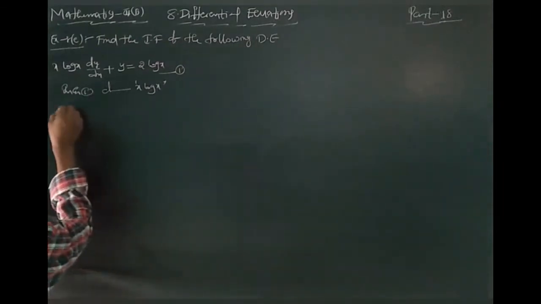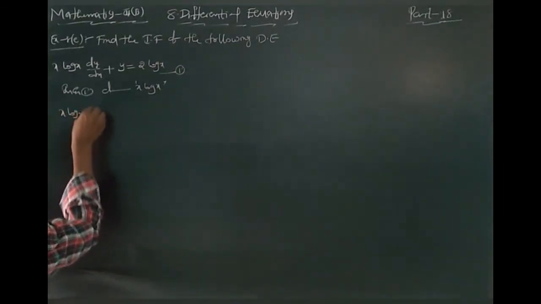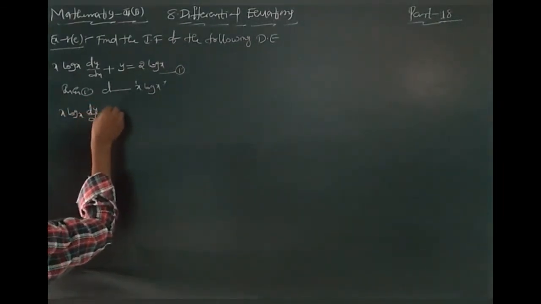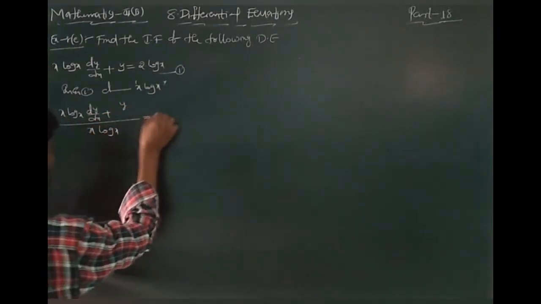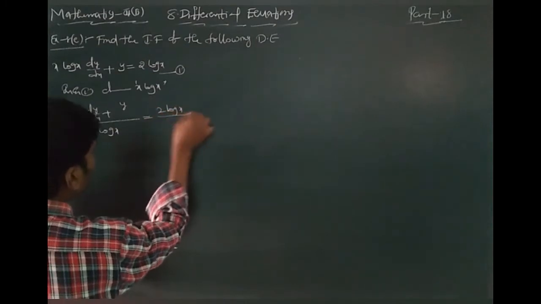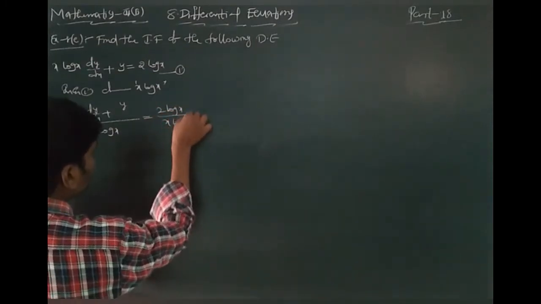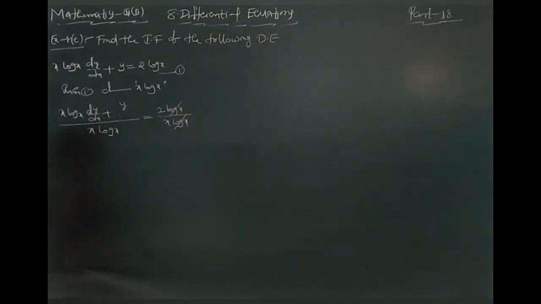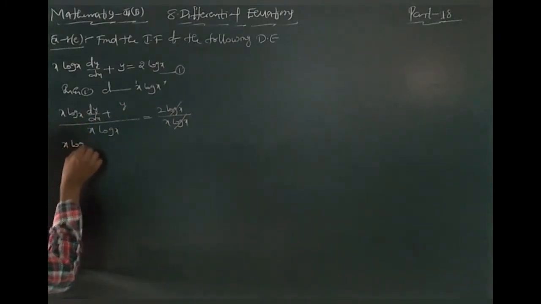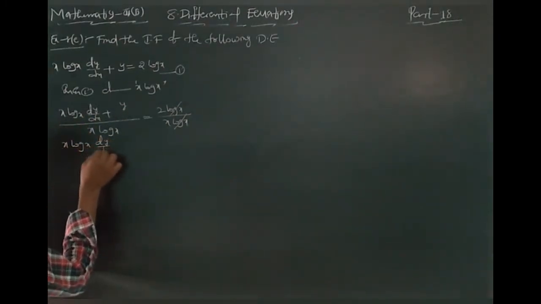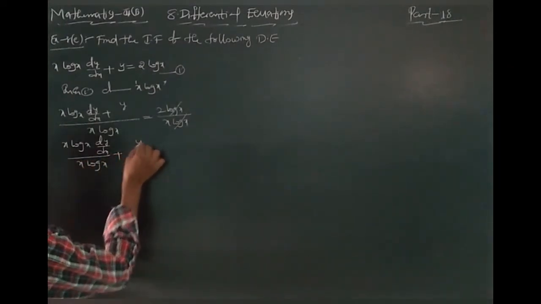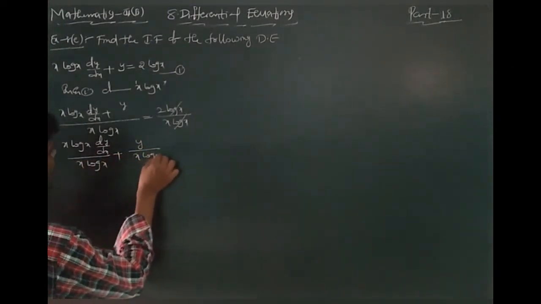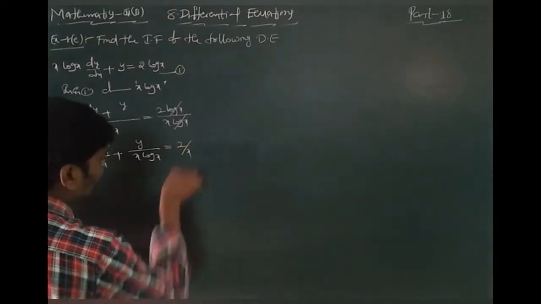You get x into log x into dy by dx plus y, all by x into log x, is equal to 2 into log x by x into log x. Log x gets cancelled. Separating, numerator x into log x into dy by dx by x into log x, plus y by x into log x, is equal to 2 by x.